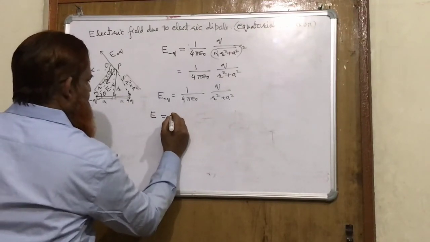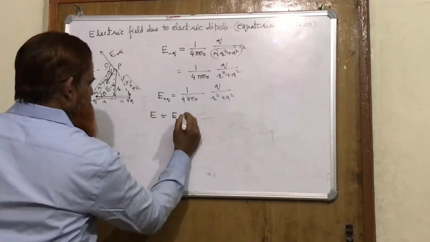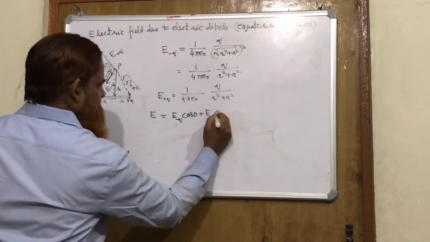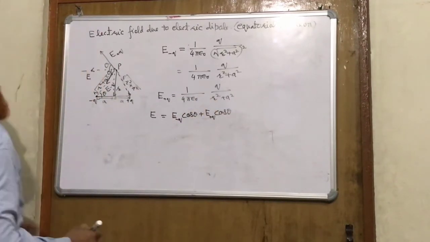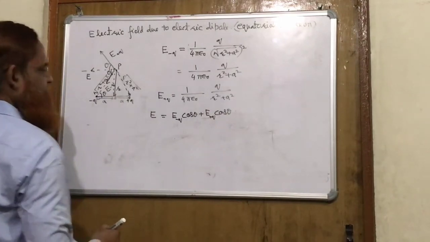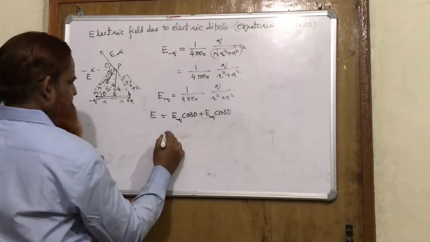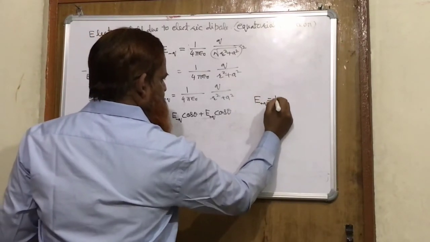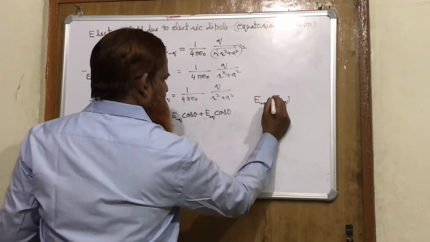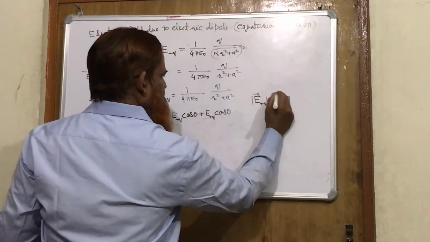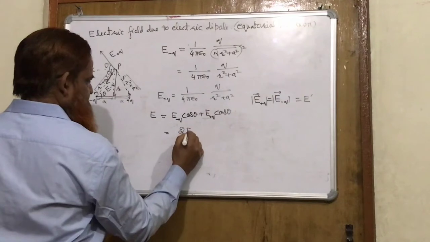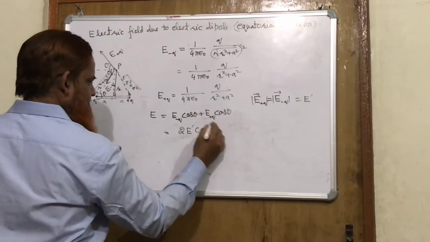That will be E minus Q cos theta plus E plus Q cos theta. Because the magnitudes of E minus Q and E plus Q are the same, we can let them be E dash, so it will be 2E dash cos theta.